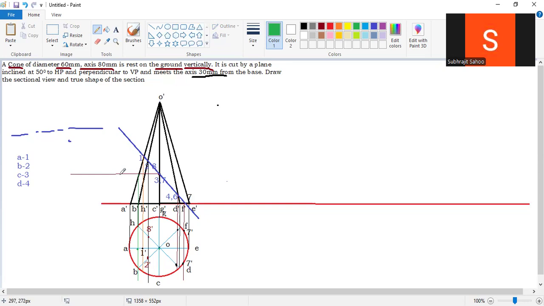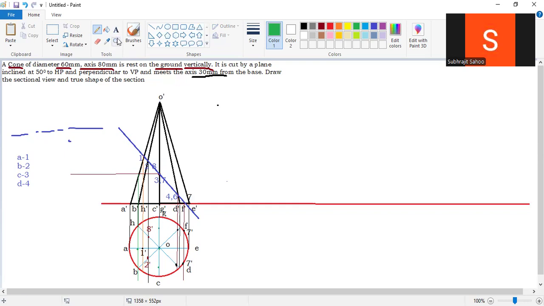From this point you draw a line on the left side also, right side also, no problem. Then from where it is intersecting, this is the slant height, extreme slant height. From that you draw the projection to meet which one? OA. Next measure O to A. O to A measure and mark here. O to A measure and mark here.